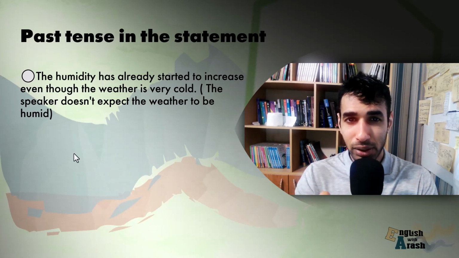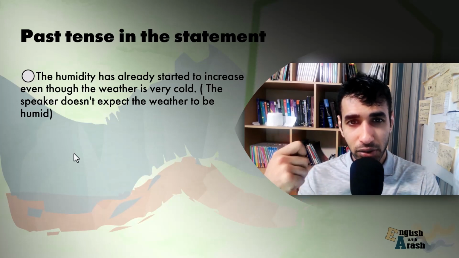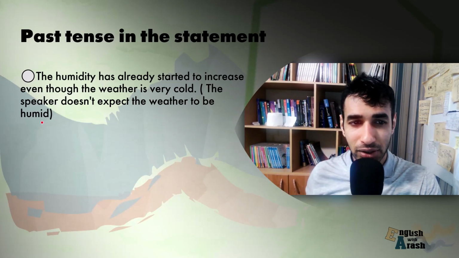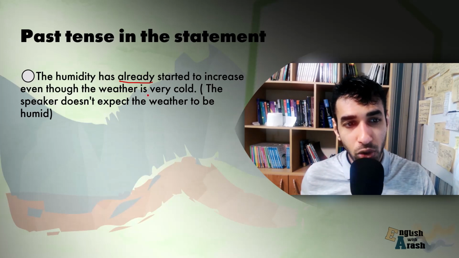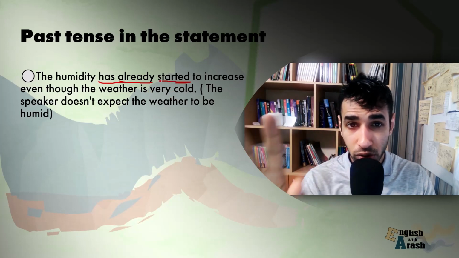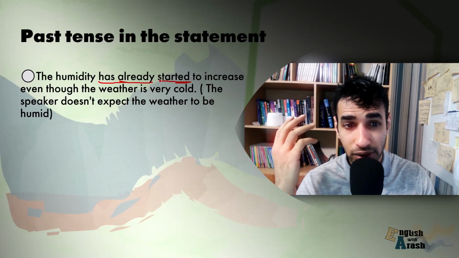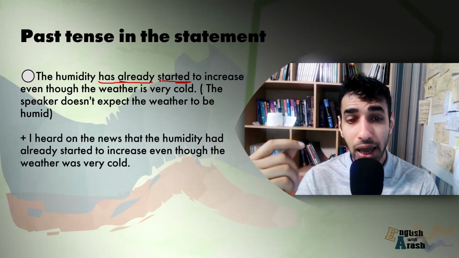This example is from another video that I have made. I was teaching already there, and already signifies a surprise in the sentence. And now we want to report it. How should we do it? Has started is my verb, and I should move the verb one step in the past. And I should say had started.